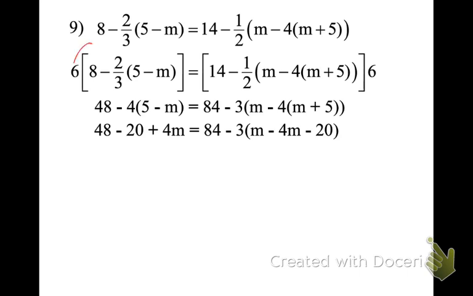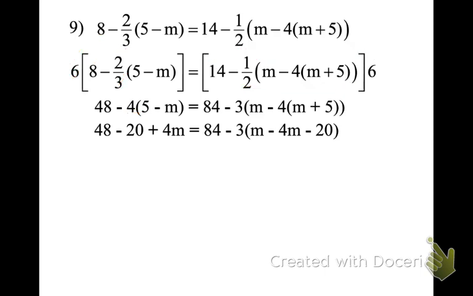When we distribute, we get 48. It goes twice. 2 times 2, that's why it's 4. Okay? And 6 gets distributed here, but since this is all connected, that's one term.